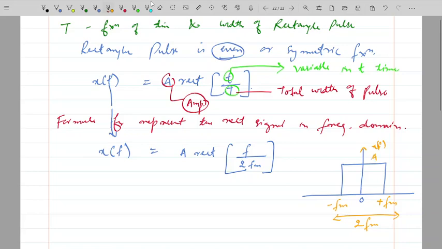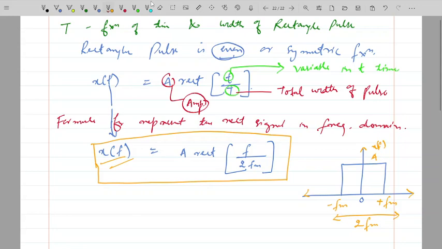According to this figure, we find the expression for the frequency domain rectangular pulse signal.